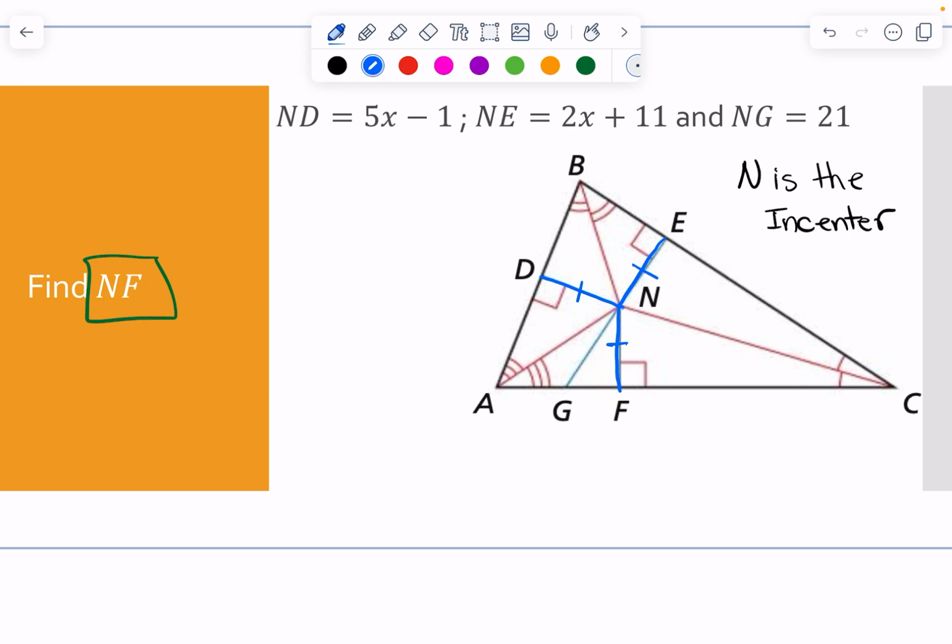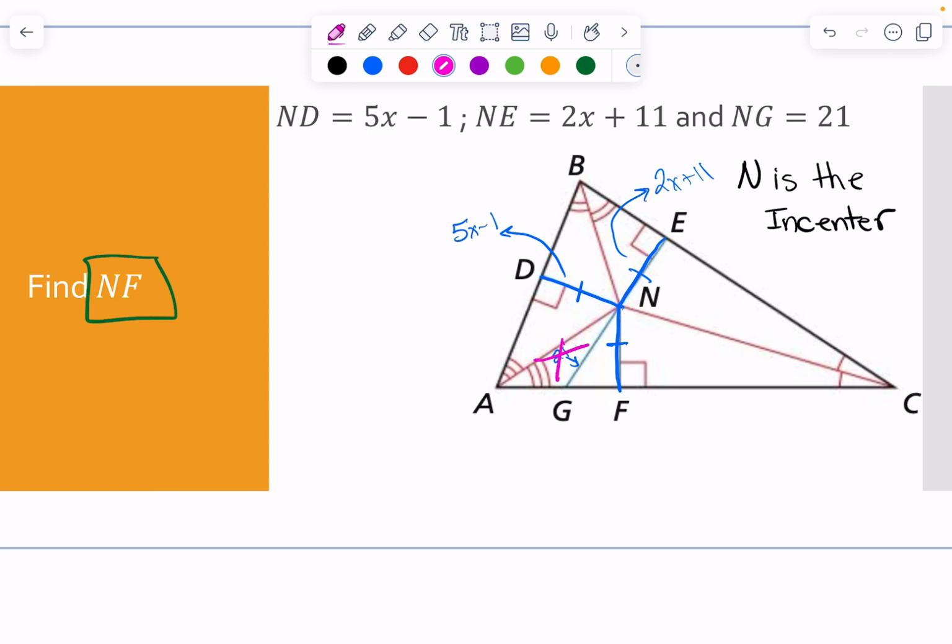Well, if we look at what we're given, ND, so this segment here, we're told that is 5x minus 1. We're given NE, this segment here, and we're told that is 2x plus 11. And I'm told that NG is 21. Well, clearly, if you look at it there, you can recognize that we don't need the 21.